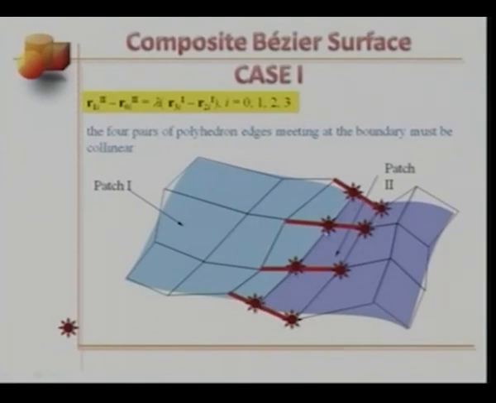These 4 points get constrained because of position continuity, and these 4 points get constrained to lie along these respective lines to maintain a unique tangent plane at this common boundary. In other words, these are not, so to speak, free choices anymore for us.